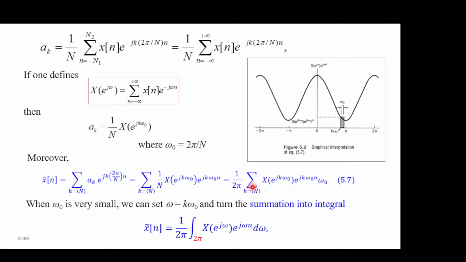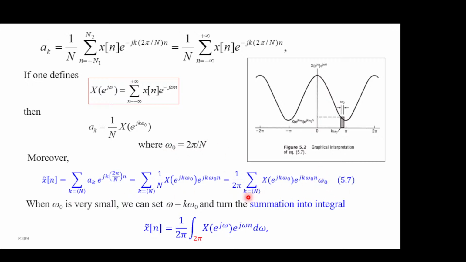So maybe k from 0 to big N minus 1. So that range seems to grow, the range of k seems to go to infinity as big N goes to infinity. But remember, big N times omega naught always remains 2 pi.